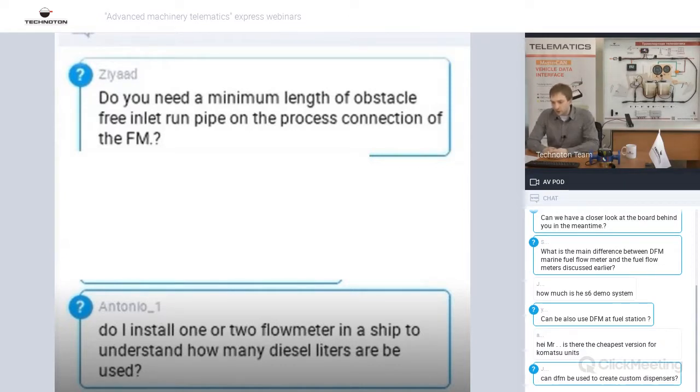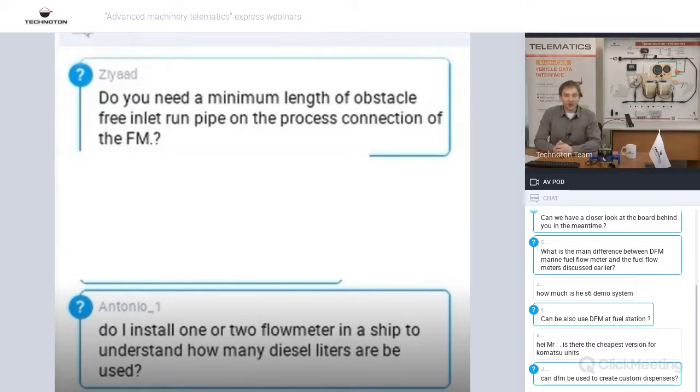Antonio asks: do I install one or two flow meters in a ship to understand how many diesel liters are being used? Dear Antonio, it depends. Sometimes we need to use just one flow meter, sometimes we need to use two. We need to study the fuel system of the ship. There are usually projects by separate companies that design the ship, where the fuel system is explained in detail.